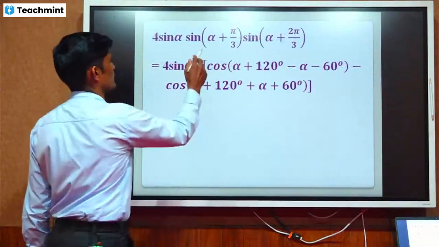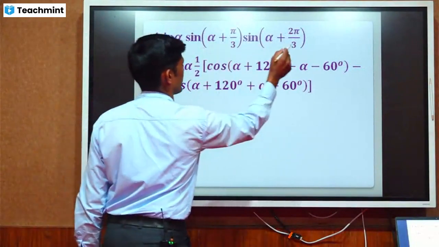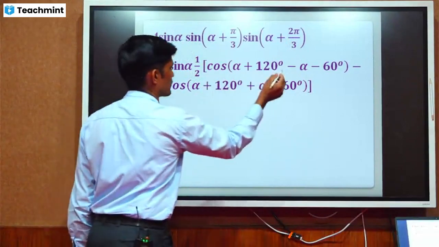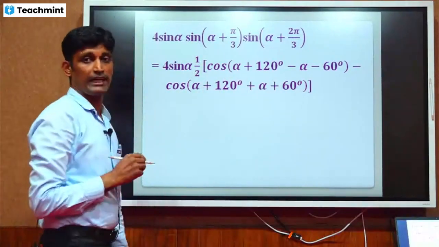You know, sin of alpha plus pi by 3 into sin of alpha plus 2 pi by 3 can be written using the cos of x minus y and cos of x plus y formula.